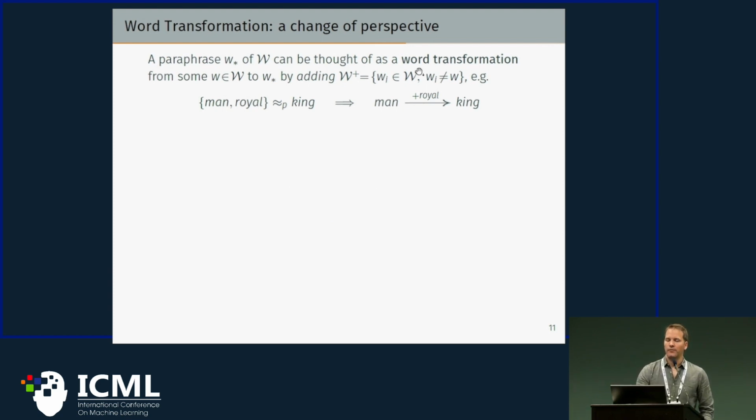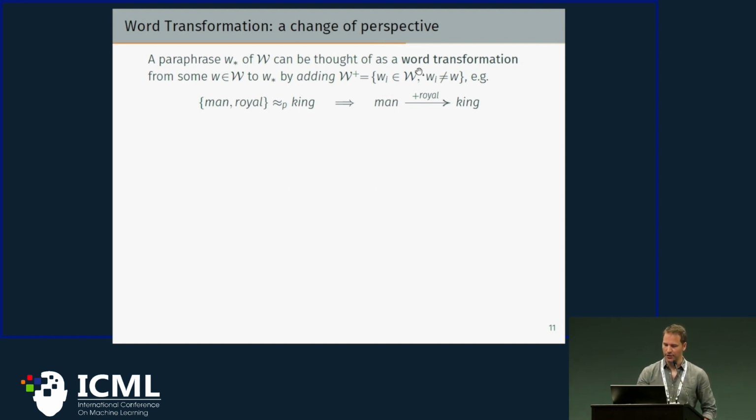So what we now do is, if you like, arbitrarily, we can pick a word out of the word set W, and consider this type of paraphrase, say man and royal by king, as actually just a word transformation from man to king by adding royal. Nothing's changed in the maths at all.